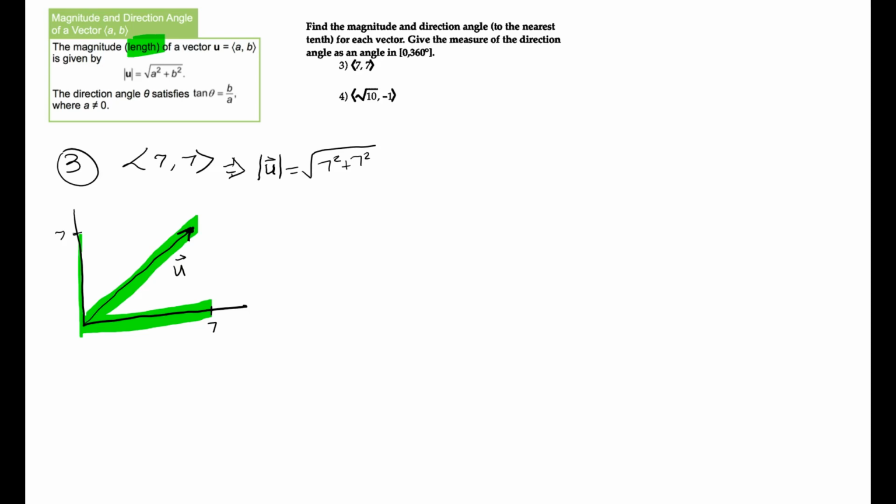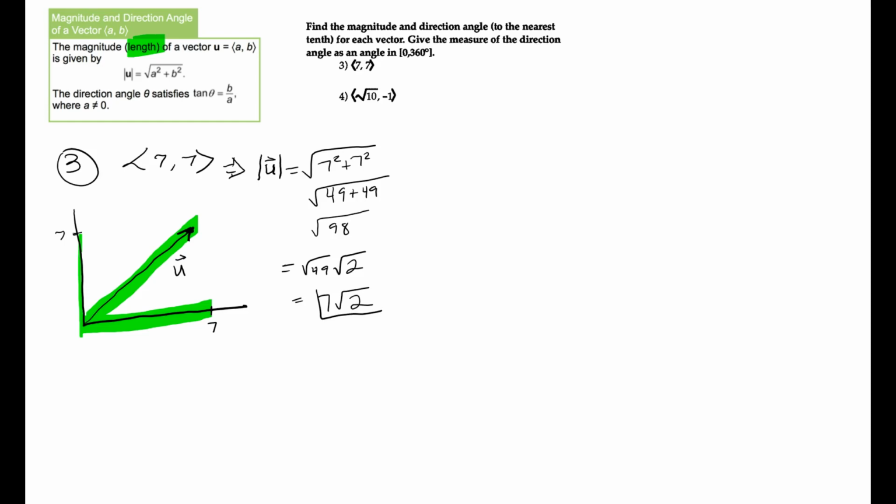So this is 49 plus 49, which is the square root of 98, which is the square root of 49 times the square root of 2, which is 7 square root of 2. So this right here is the magnitude.